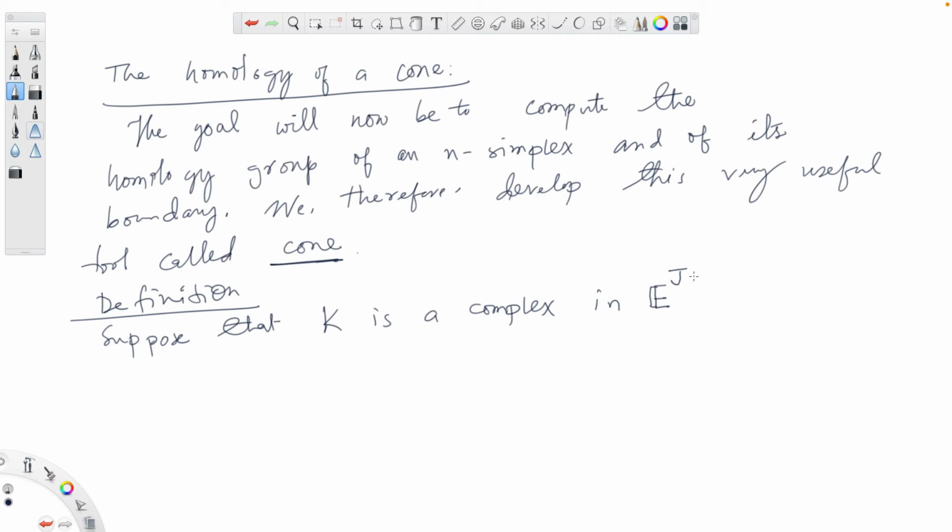It's an infinite dimensional space. I'm going to explain what generalized Euclidean space means very briefly in a minute. But before that, let me complete the definition.